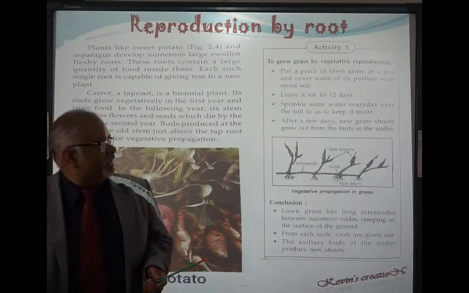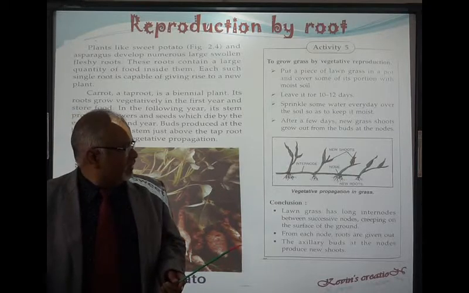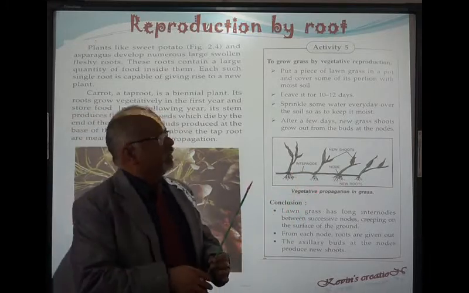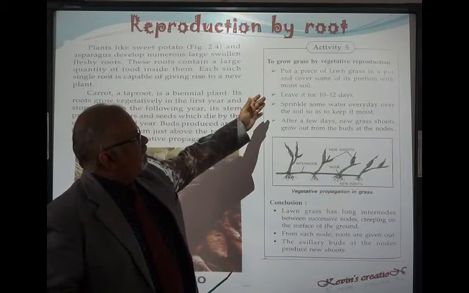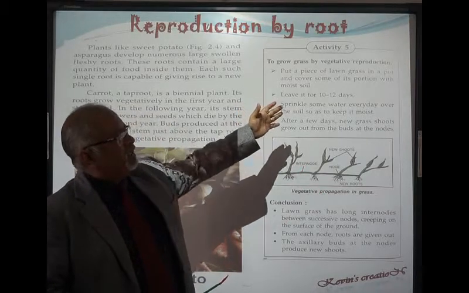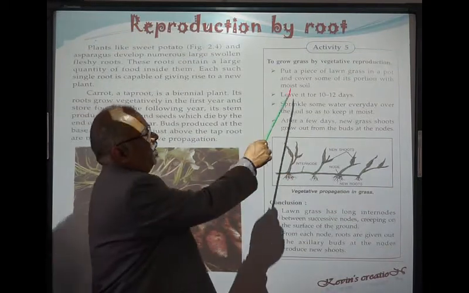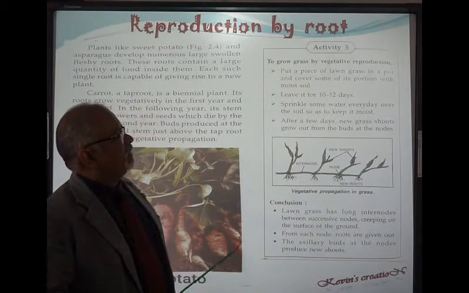Now here one activity is there, which is about grass. How to see this vegetative propagation by grass. It is by the stem. Put a piece of long grass in a pot and cover some of its portion with moist soil.